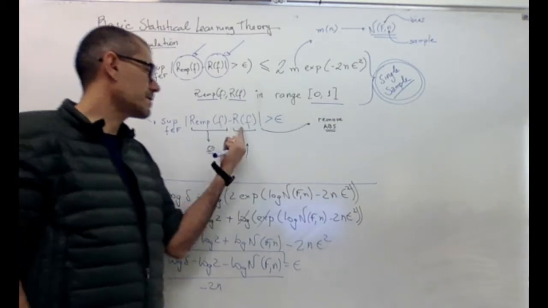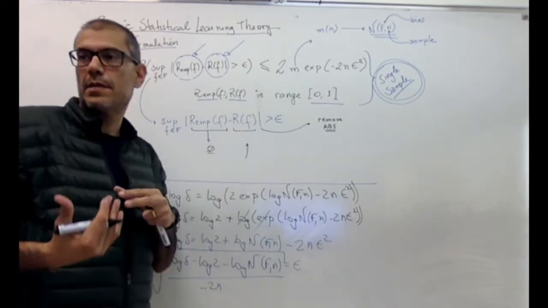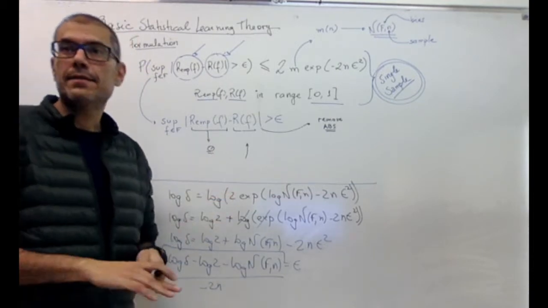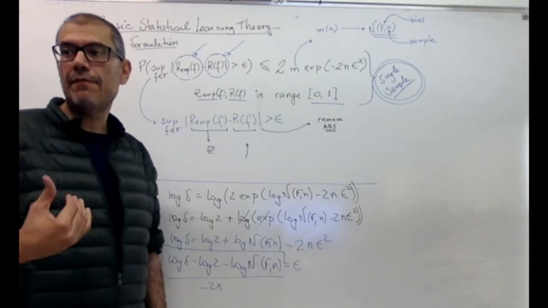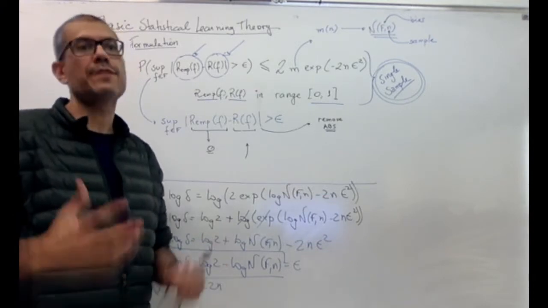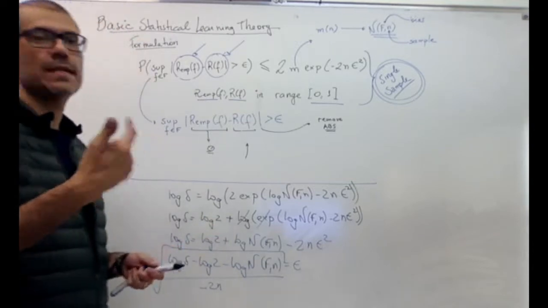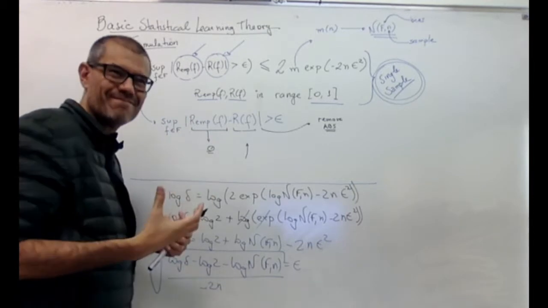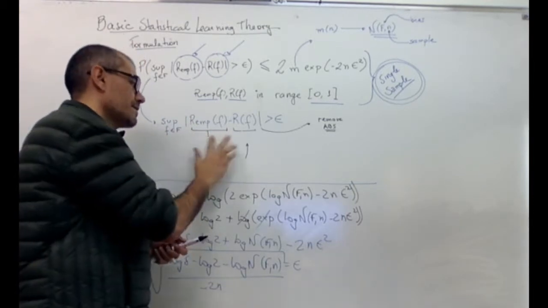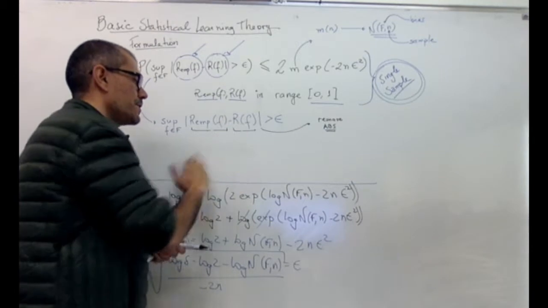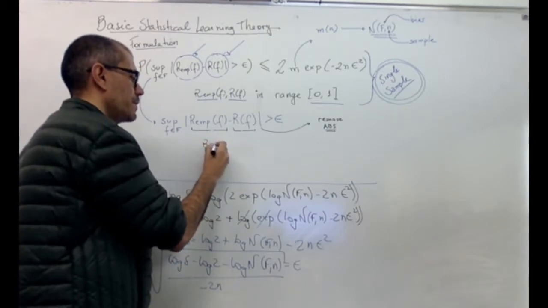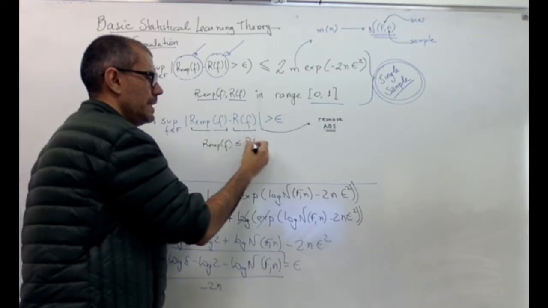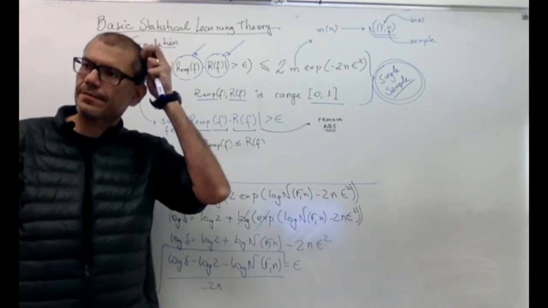And if I don't have the worst-case scenario, if I have some fair situation, even then, as my classifier is driven by data, that risk will always be smaller. So this empirical risk will always be smaller or eventually equal to the expected risk.